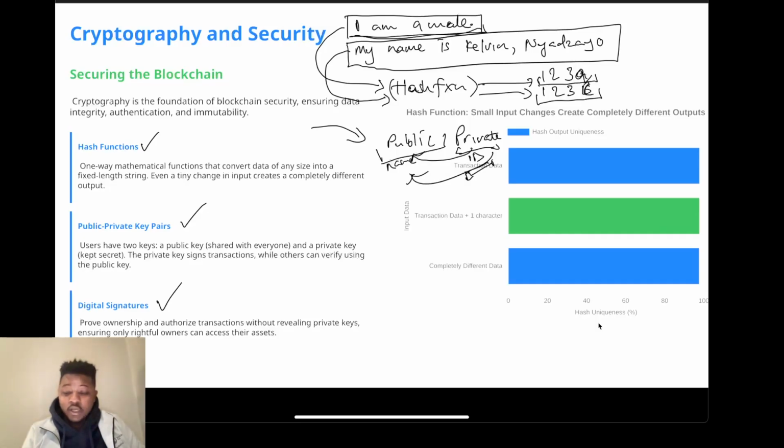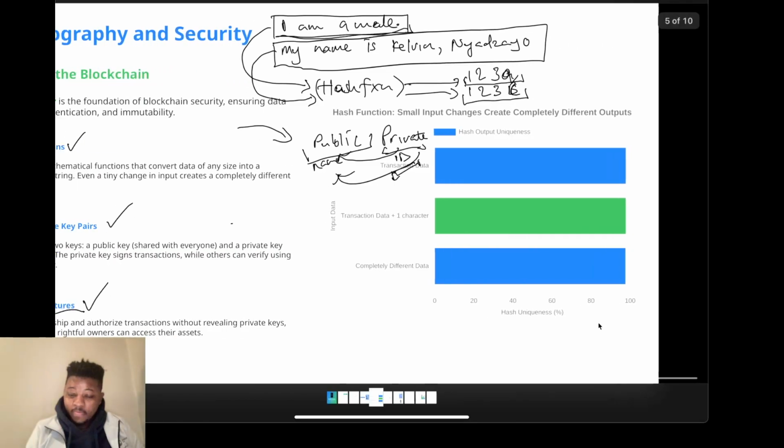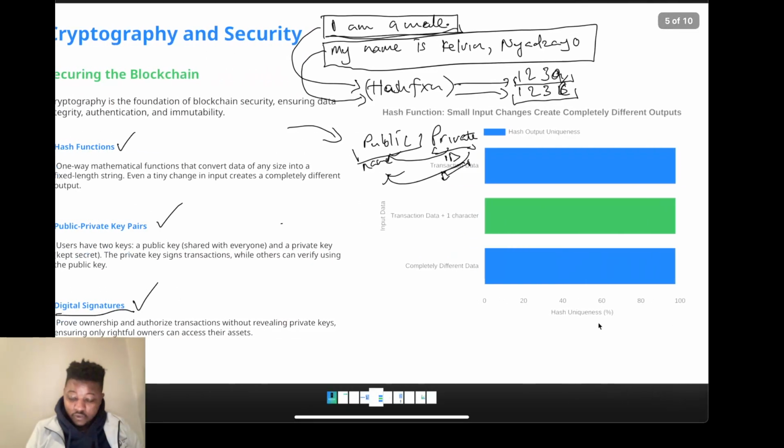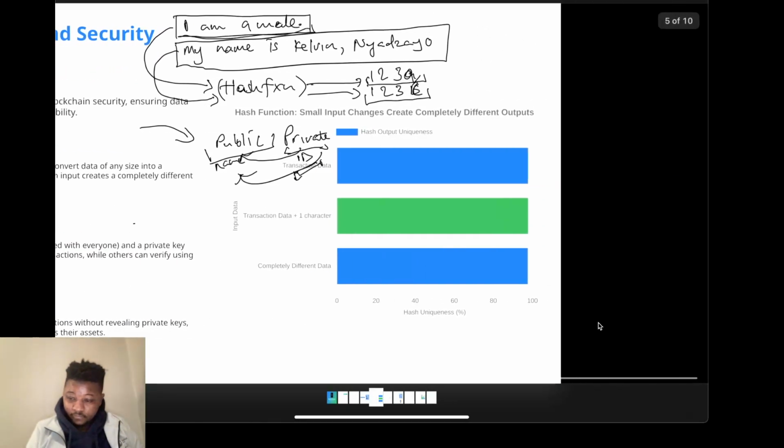It's a one-way function where the private key can produce the public key, but the public key cannot produce the private key. This is where you make your transaction and sign. That's the concept I've already explained. Now let's move on to the next.